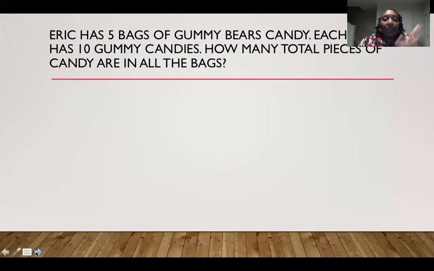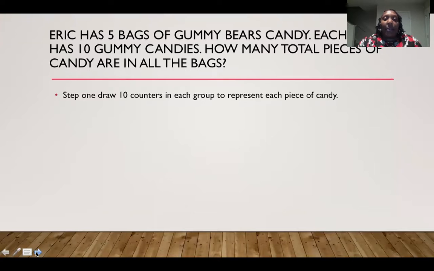All right, so again, we have our question here, and now we're going to dive into step number 1. The very first thing you want to do is draw 10 counters in each group to represent each piece of candy. Your 10 counters could be anything representing the piece of candy, could be a line, a circle, any type of visual image to help you count and make it a little easier to put those items in a group.